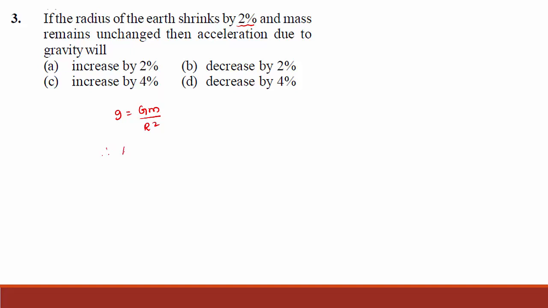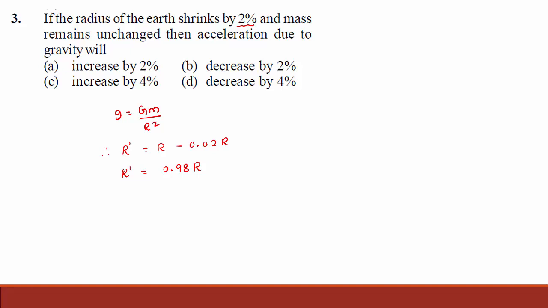Therefore, I can write the radius after shrinking, r dash, equal to the initial radius r minus 0.02 times r, since it is shrunk by 2%. So the final radius of the earth we will get is 0.98 times its original radius.